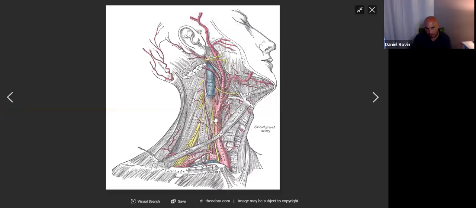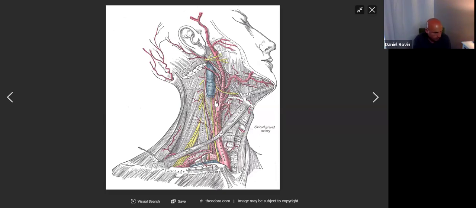And then as it gets almost to the mandible, not quite, but almost, there's going to be a split in the common carotid. One part is going to go superficial and toward the face and scalp, and that's what we call the external carotid artery. But the other part goes deep into the neck, and that's what's known as the internal carotid artery. The external and internal carotid.